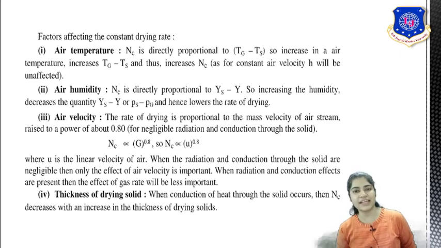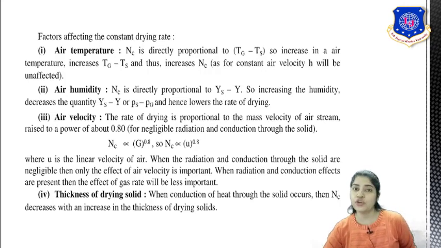So I can say the factors affecting the constant drying rate are, first of all, air temperature. As Nc is directly proportional to the temperature difference, if you are using very high temperature air to carry out the drying, then the difference between those temperatures will increase. It means your rate of drying will also increase. Clear?